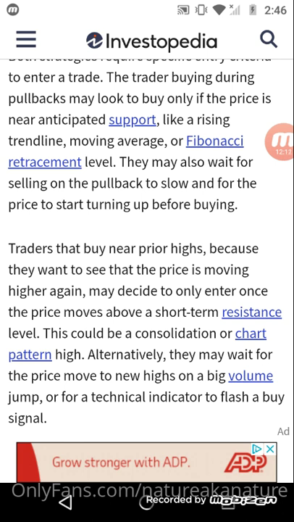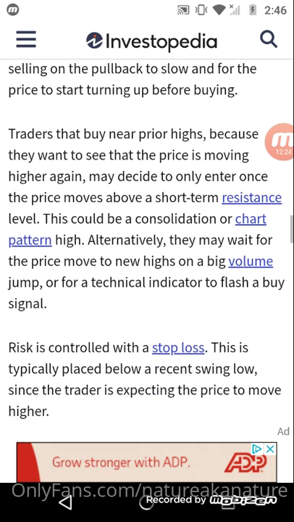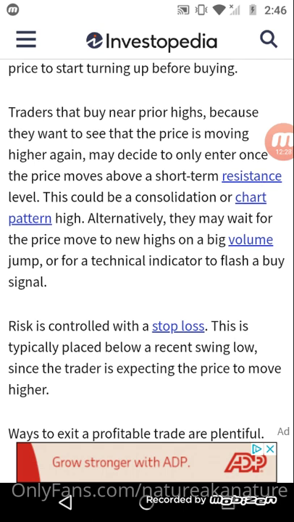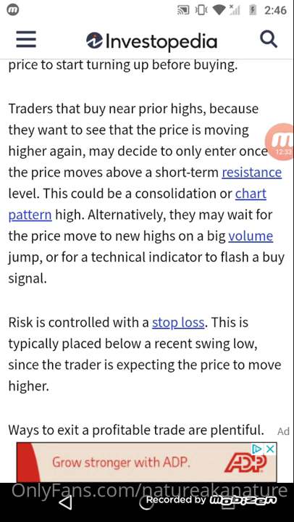So they may decide to only enter once the price moves above a short-term resistance level. I'm teaching you how to draw resistance levels and support levels on your charts too, so don't worry about that. Ultimately, they may wait for the price to consolidate in a chart pattern and move to a new high on a big volume jump, or for a technical indicator to flash a buy signal.